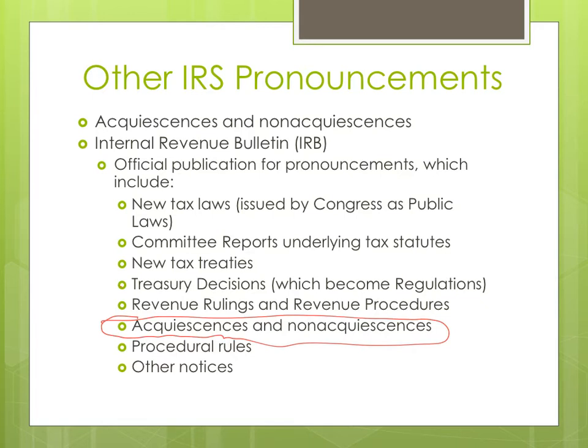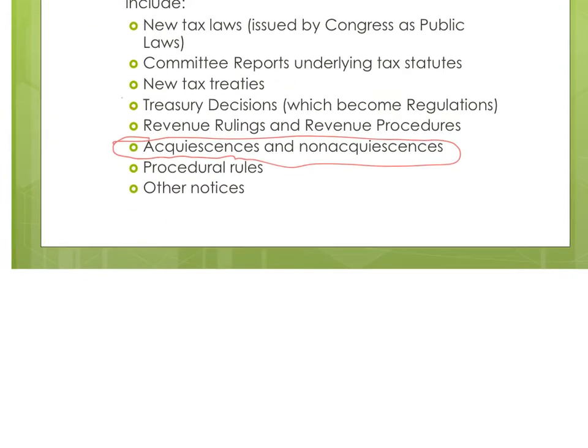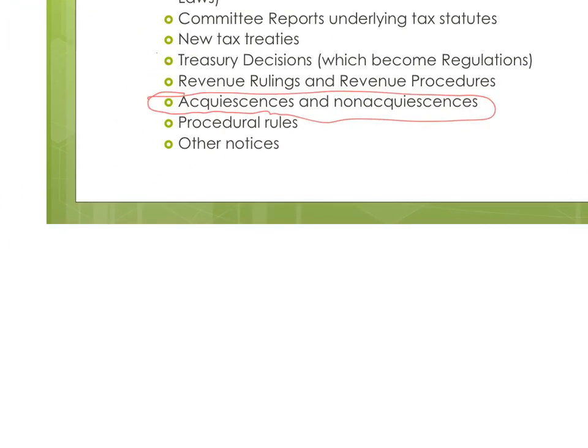We talked about treasury decisions, tax treaties, all of those things. But acquiescences and non-acquiescences are something we need to pay attention to. So the IRS will issue these, and what it means is it's going to let you know whether or not the IRS is going to continue to fight a court ruling.